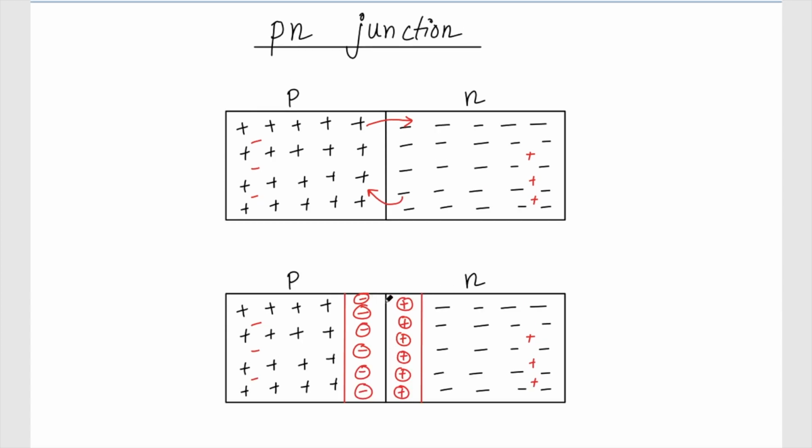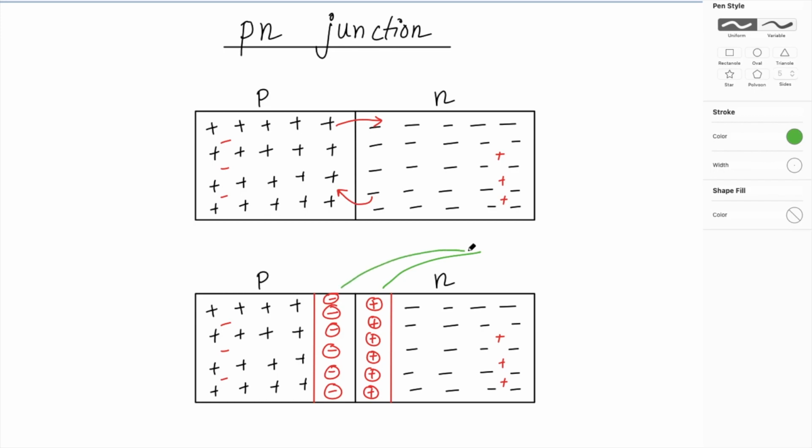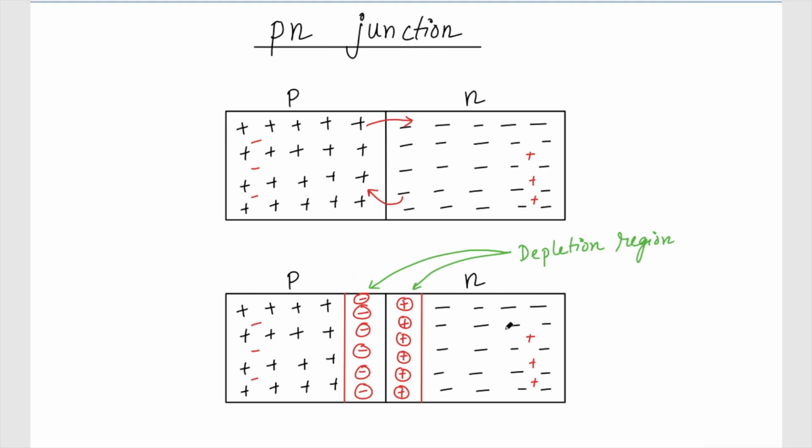So this region is called the depletion region, okay? This is called so because they are depleted of the charge carriers. There are no more charge carriers in this region.